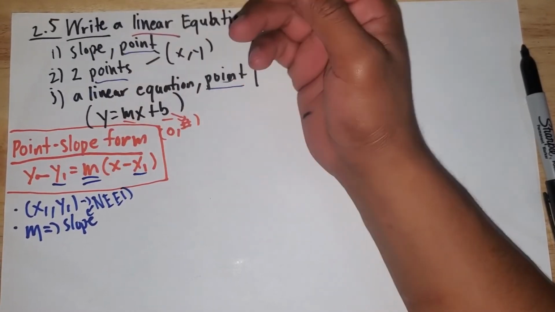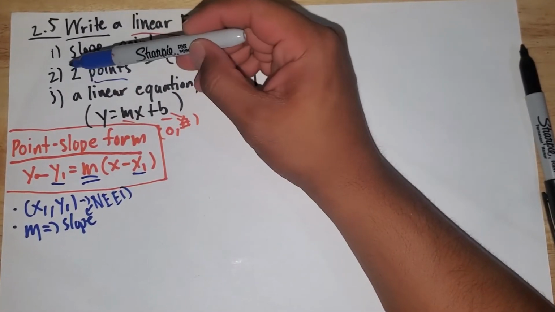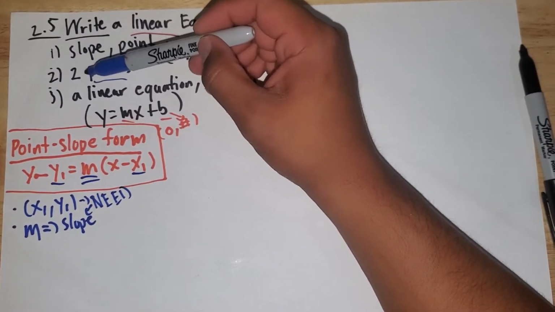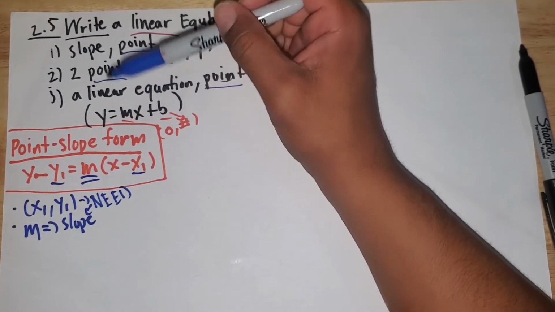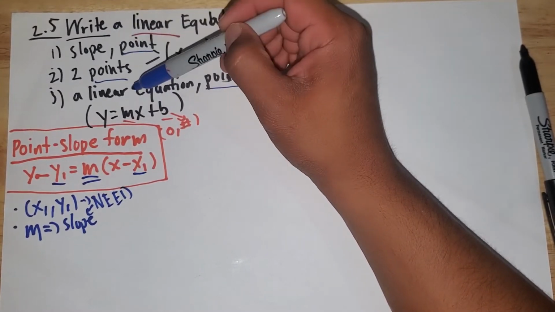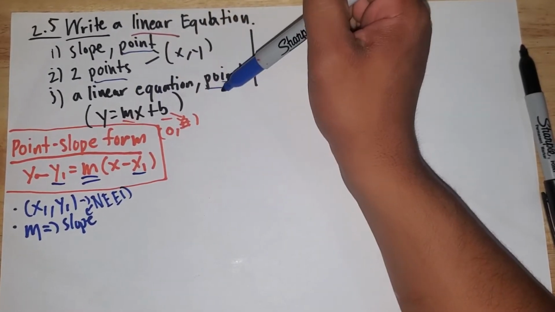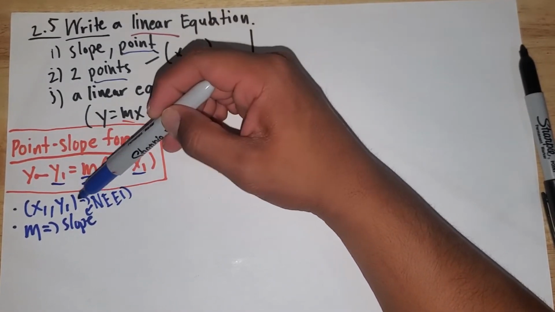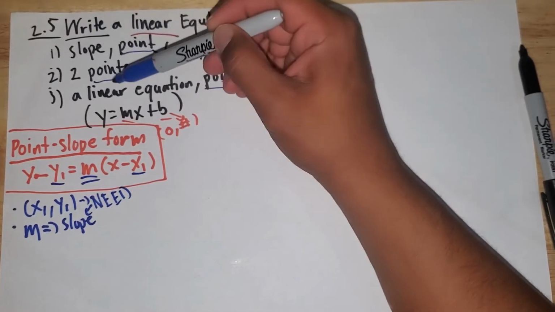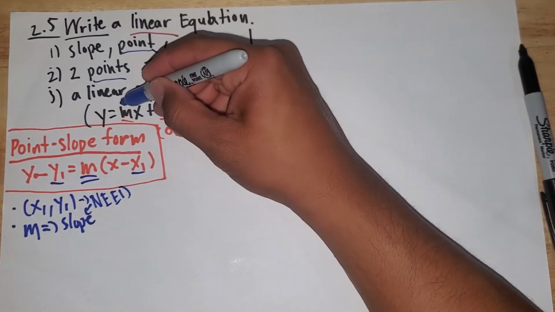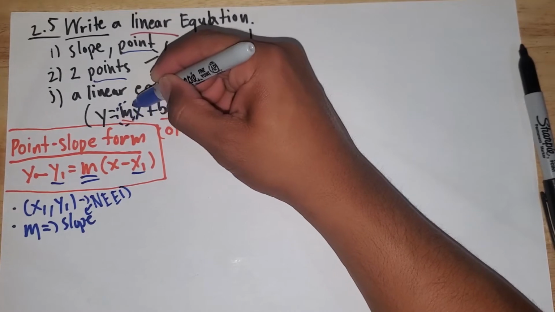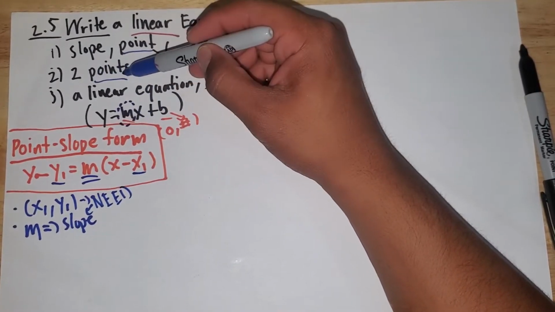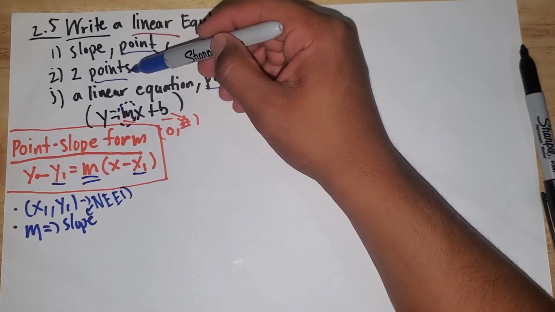Doesn't matter which one of the two, and we'll see an example of that. But you need the slope. And the slope formula, if you have 2 points, helps you find a slope. In the third case, again, we have the point, but we need a slope. To be able to use this formula, you're always going to need a point and a slope. So where do I get the slope? The slope comes from, sort of like the second one, even though there wasn't a slope here, you can find the slope because you have 2 points.